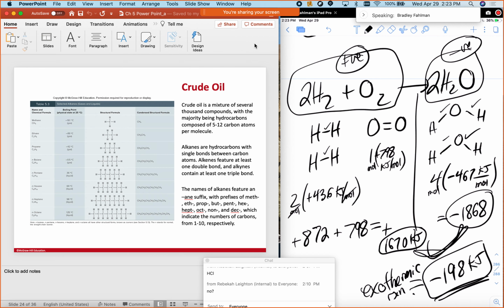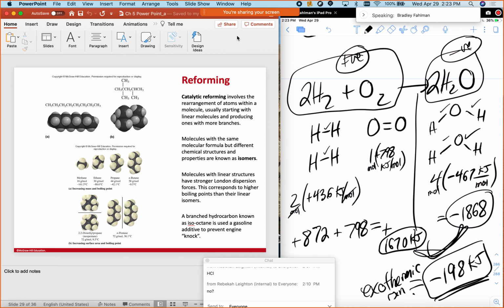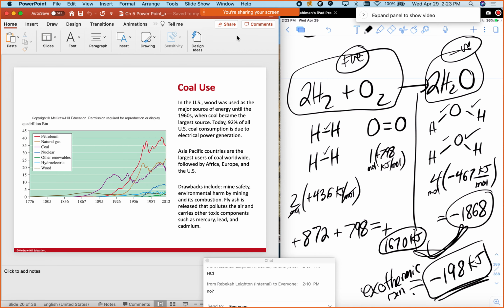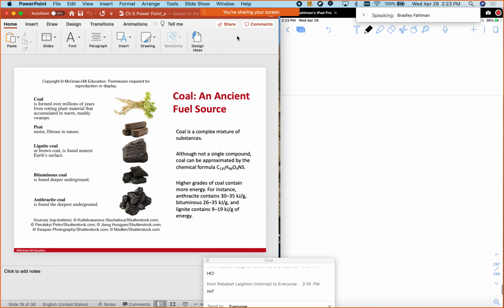It does talk about boiling points and London dispersion forces here. It's kind of background there. Okay, so that's the whirlwind tour. Any questions? Anything you want me to go over more?